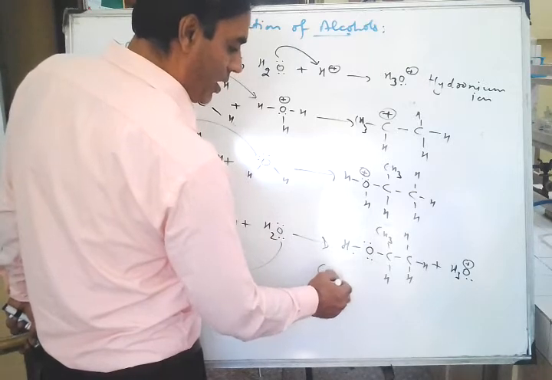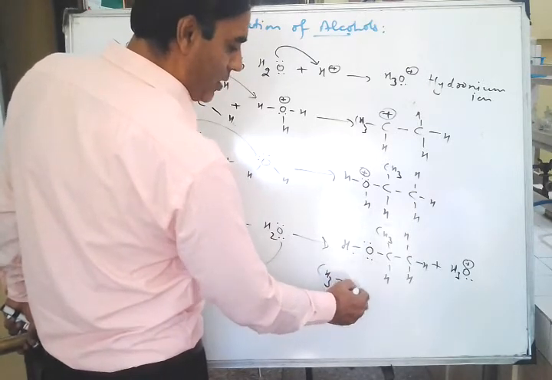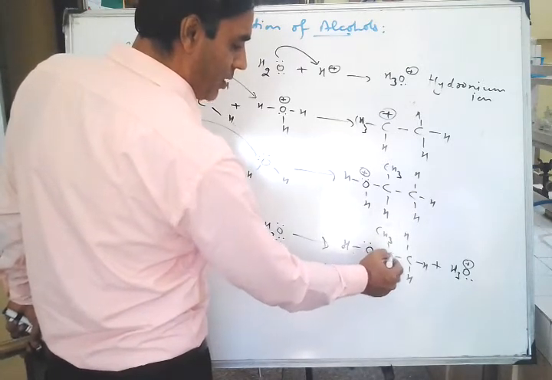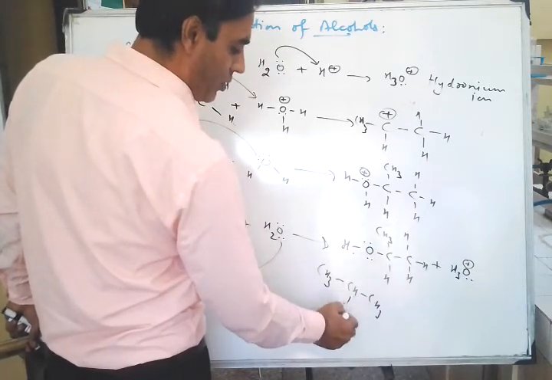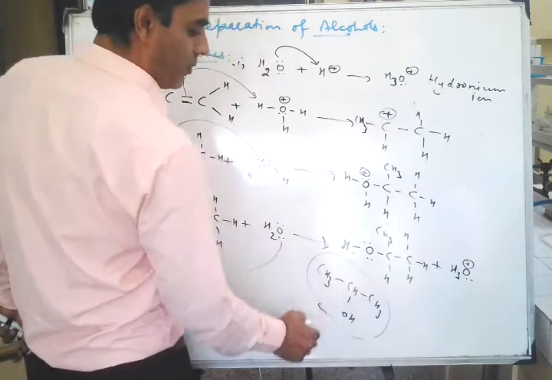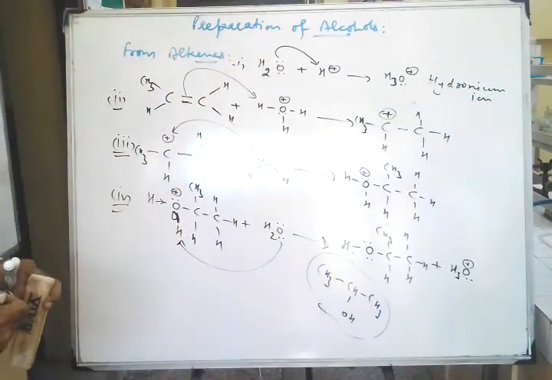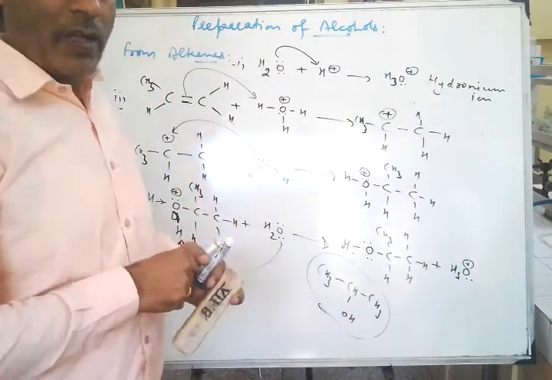That is, you can write CH3, CH, CH3, and on CH there is OH group. So this is alcohol, right? So this is about the mechanism.